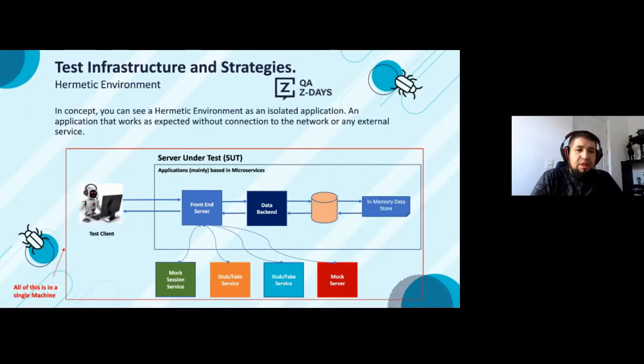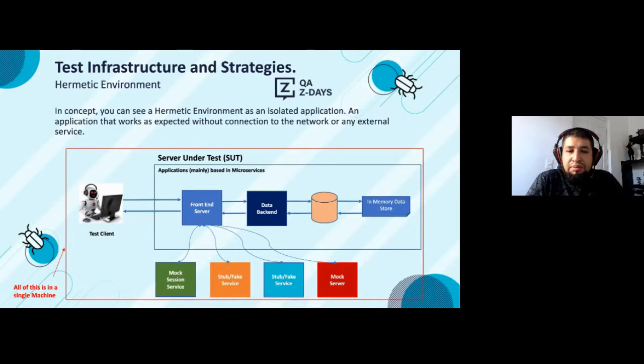One of the main approaches used here at Google is using a hermetic environment. In concept, this means an application that is isolated from any other external source, such as external services, RPCs, or any network connection.